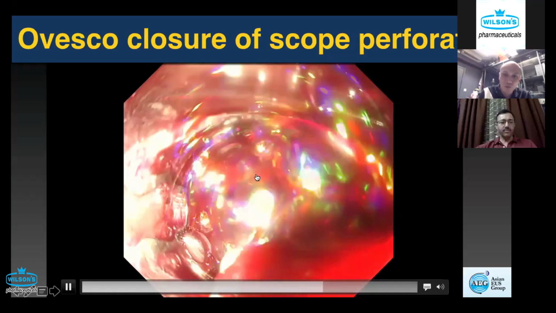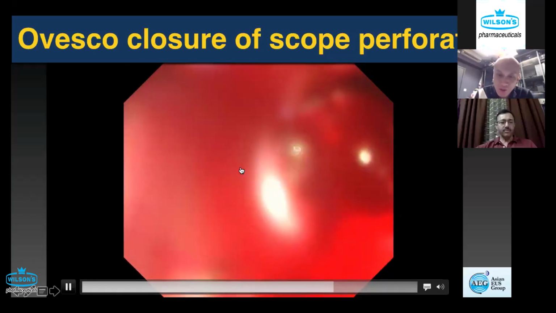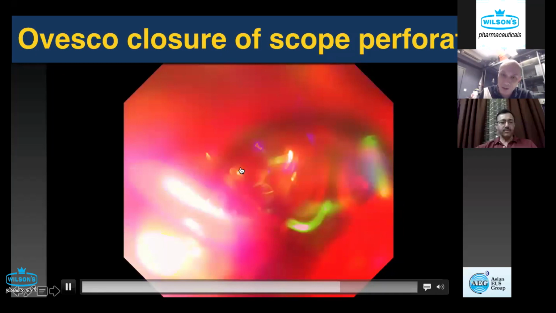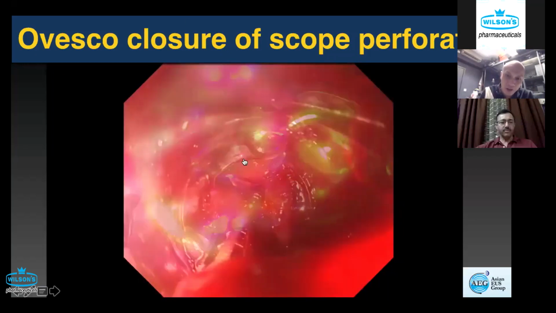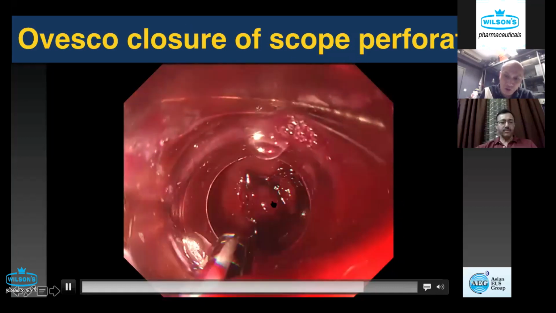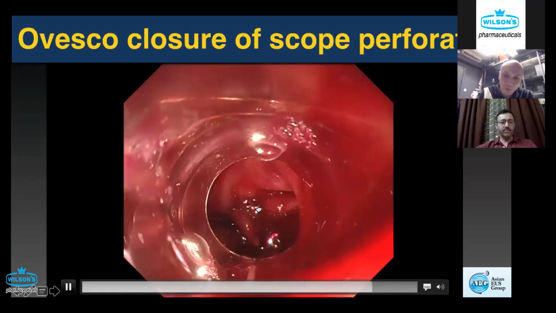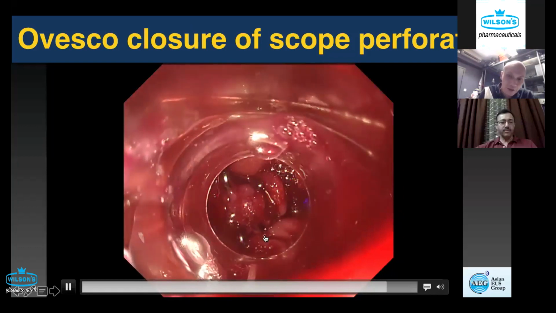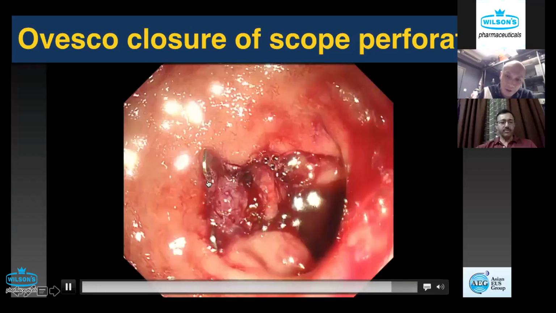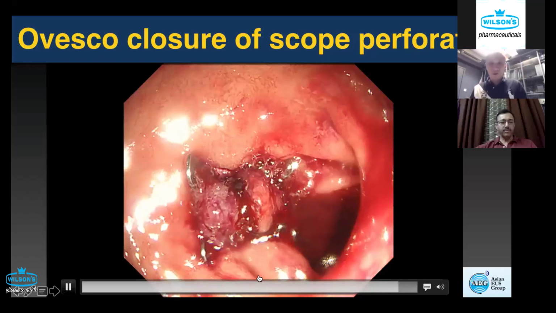The reason why we need to clip both sides is that with Ovesco, you only have one chance. So if you misfire, it will definitely be in your way. So we need to be 100% sure that we have clipped both sides of the mucosa. And if we fire it well, then it gives you a very secure closure.